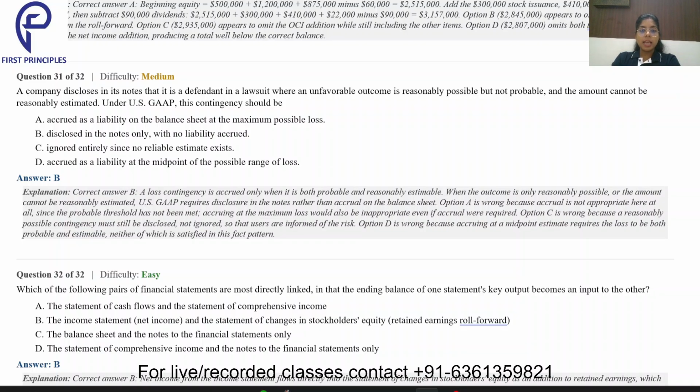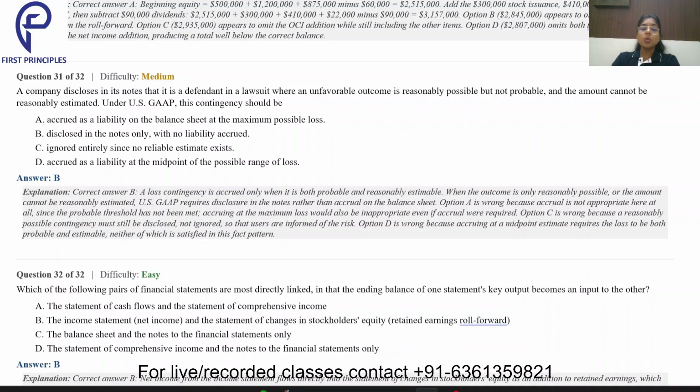If there is going to be a loss in the future, and we know about it, like if someone has filed a lawsuit against us, and the outcome is reasonably possible and also probable, that means there is a very high chance it's going to happen, and the amount is also reasonably estimable.